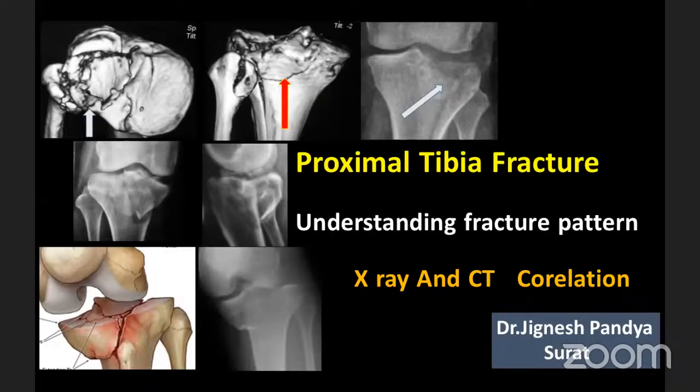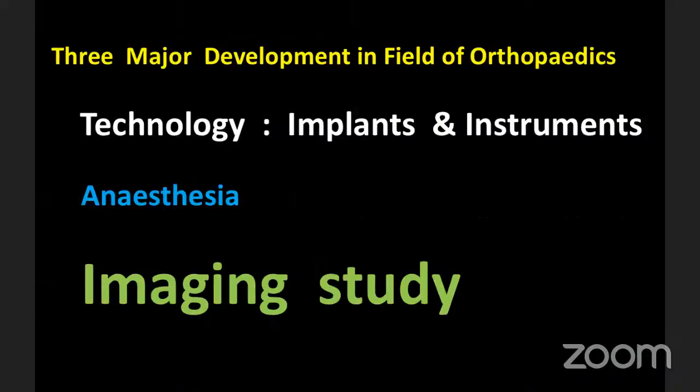For proximal tibial fractures, we have to understand the fracture pattern with X-ray and CT scan correlation to understand the fracture geometry very well, to plan approach, fixation methods and implants. There are three major developments in the field of orthopedics.